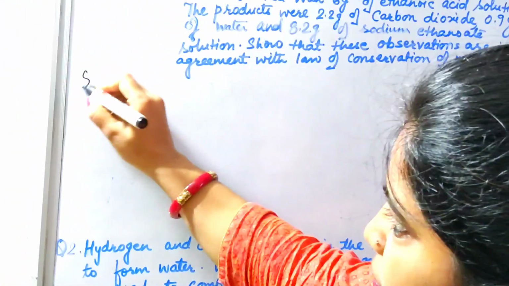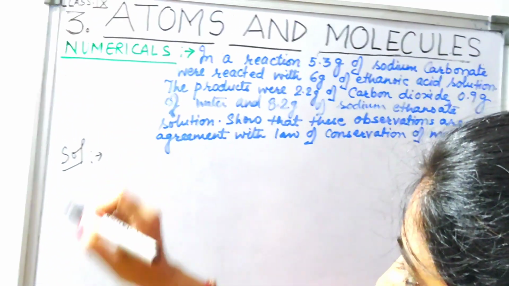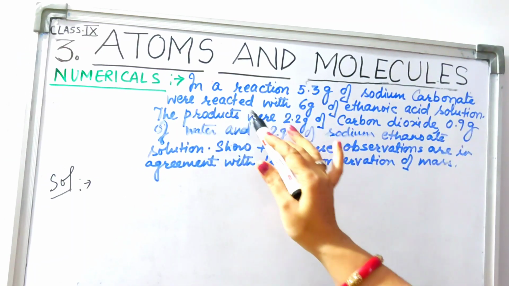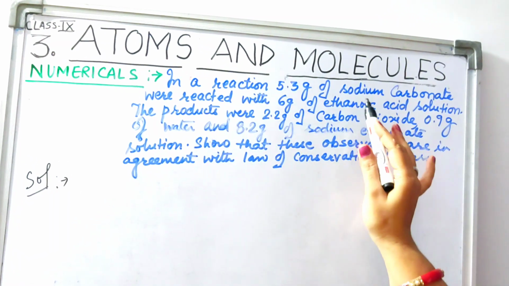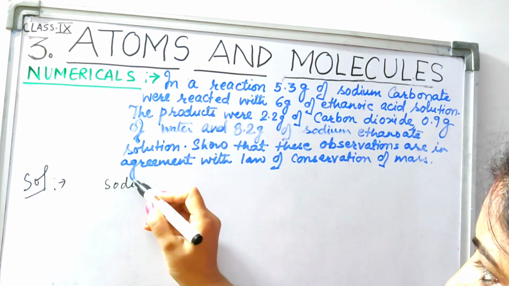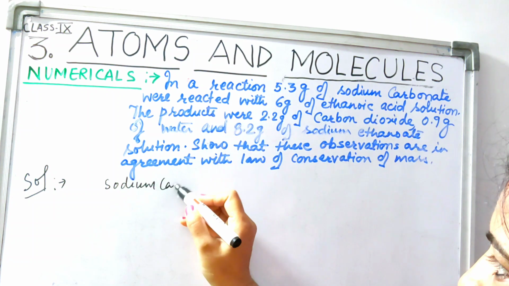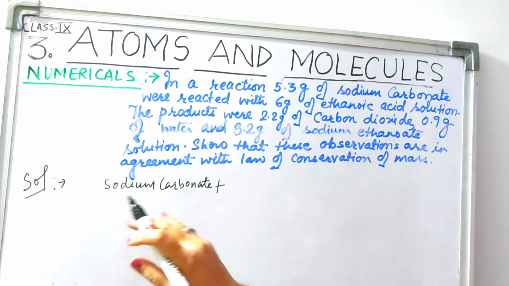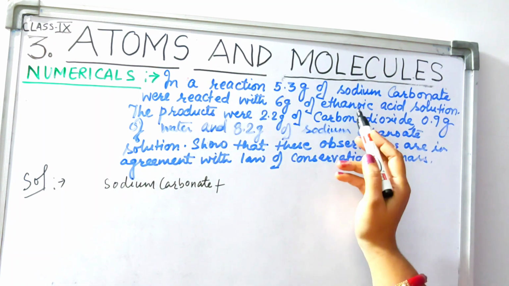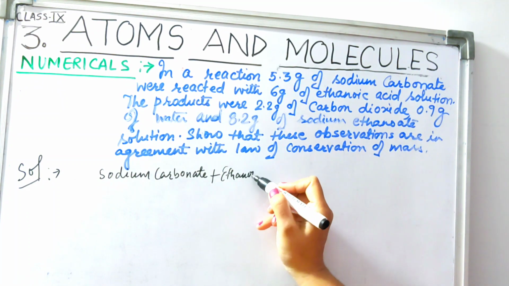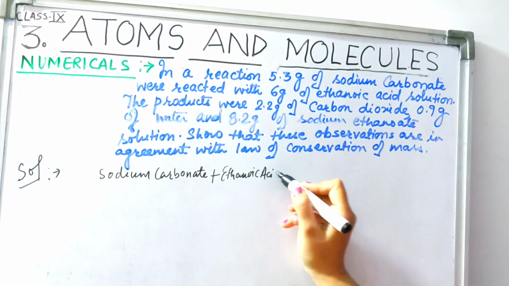Okay, so for the solution part, look here. It's very simple. In simple words they have written here, in a reaction 5.3 grams of sodium carbonate. You will just write here sodium carbonate plus, because it is the reactant part, another reactant, ethanoic acid.